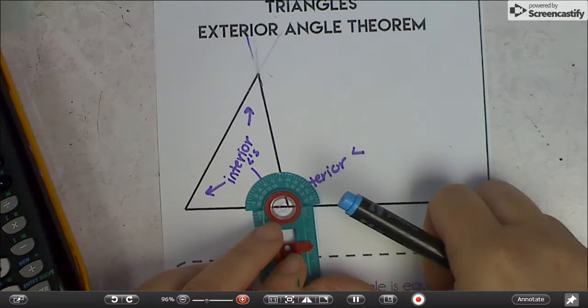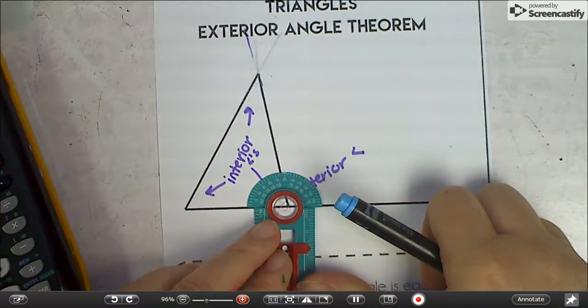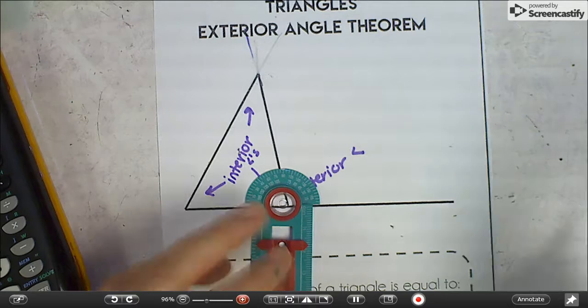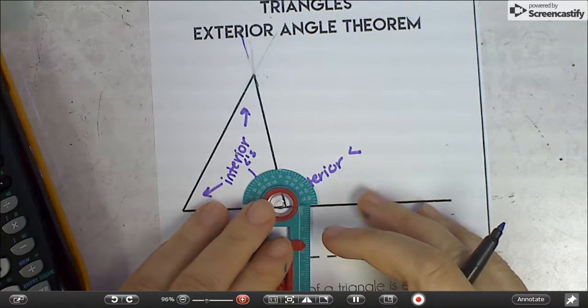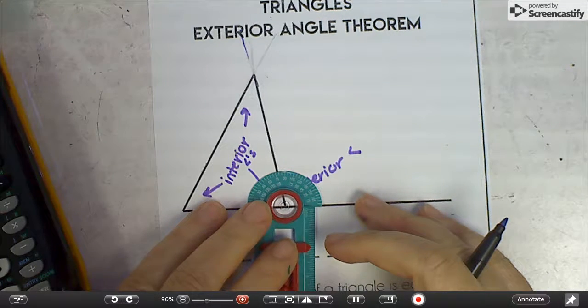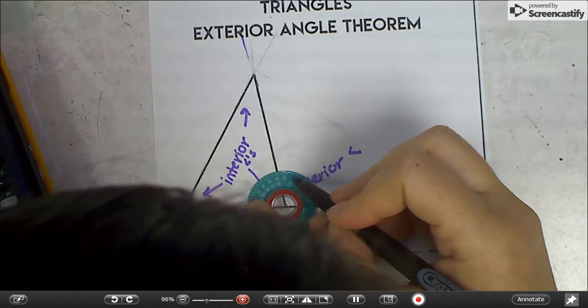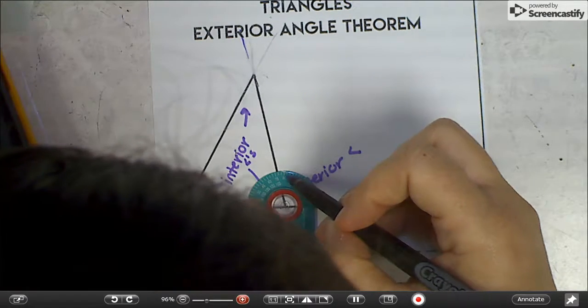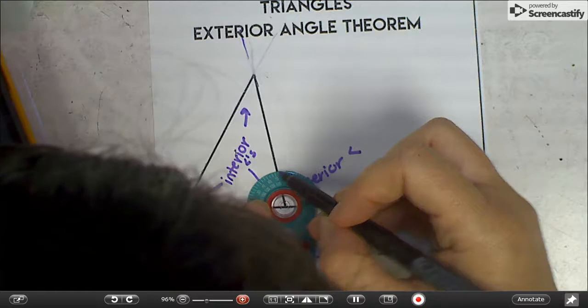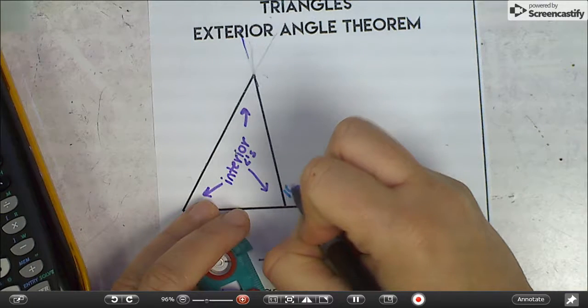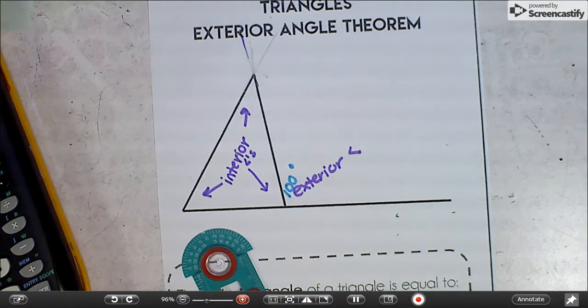Okay, so if I measure this exterior angle, oops, I moved my thing. This exterior angle looks like it's about, let's see, maybe 100 degrees. Here, this example, not all of them.